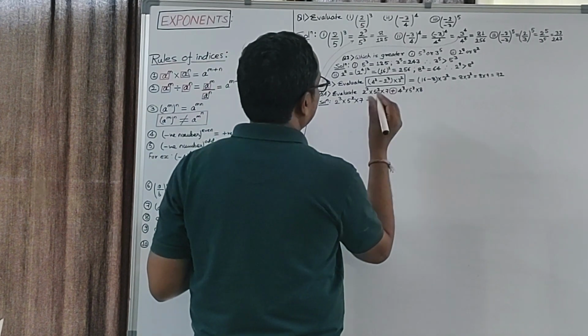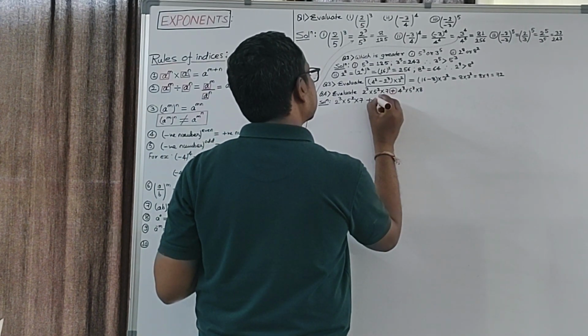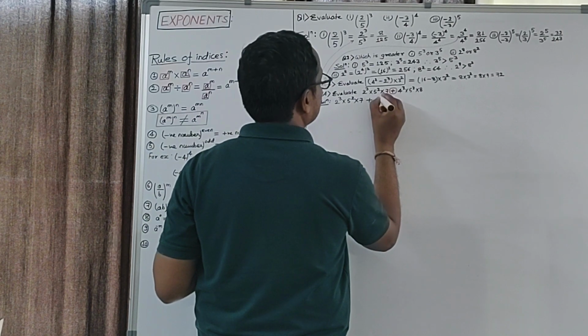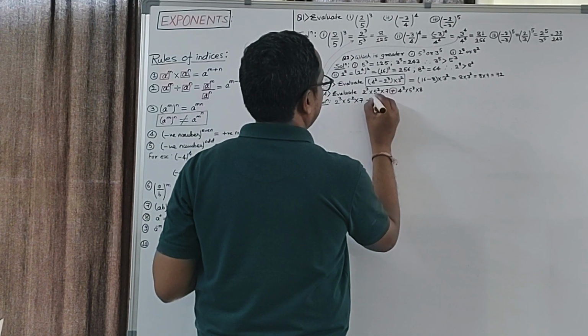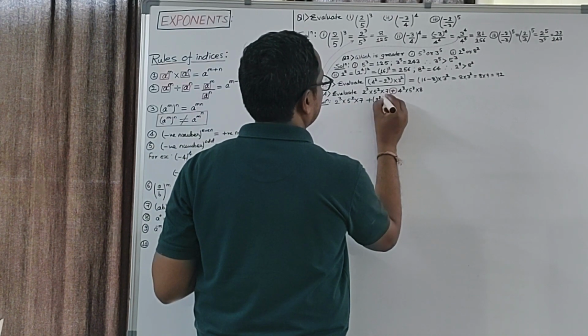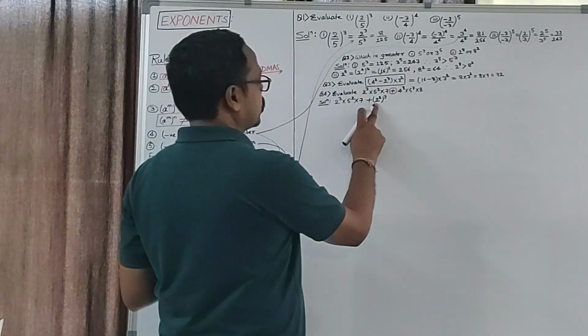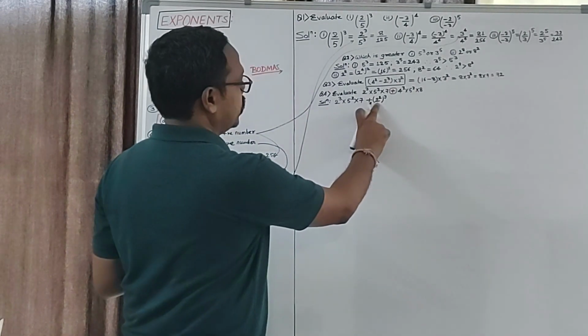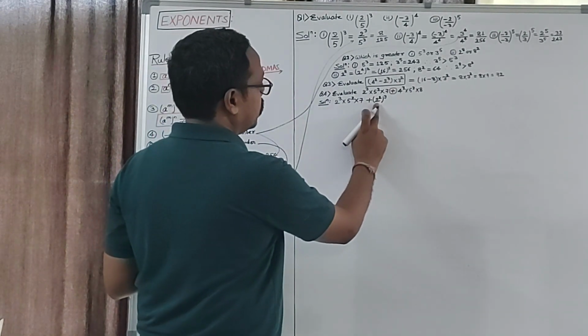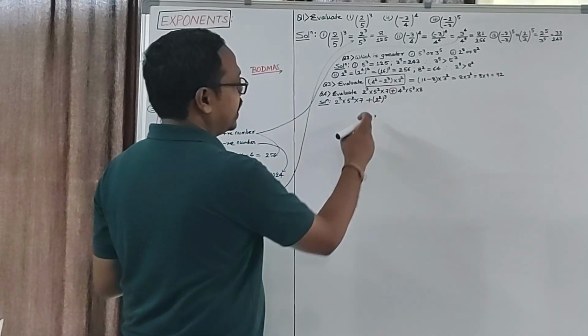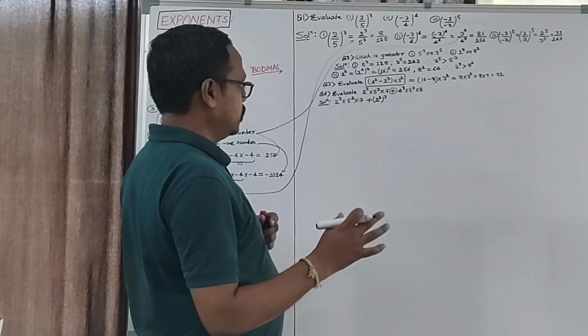So here again 4 cube, I can write 4 as 2 square, of course, and then I'll say 3. Because beyond that I cannot go, because this base 2 is a prime number, right?